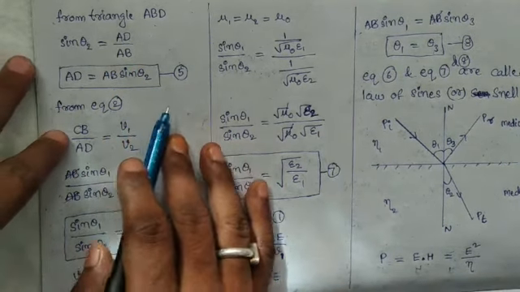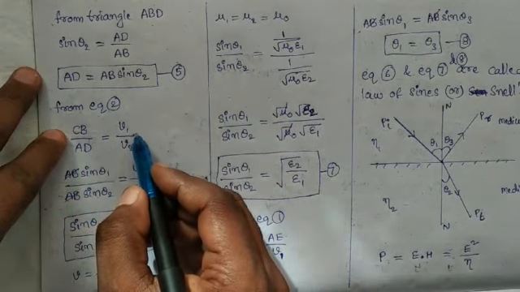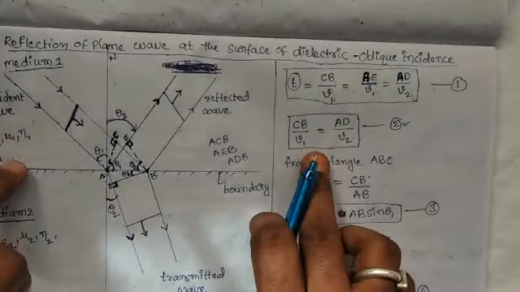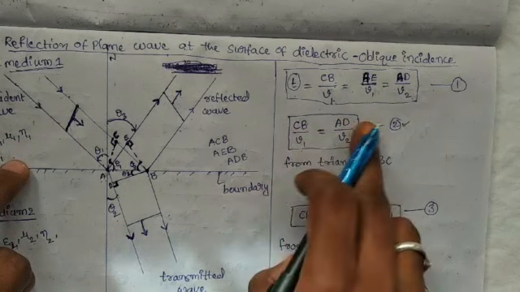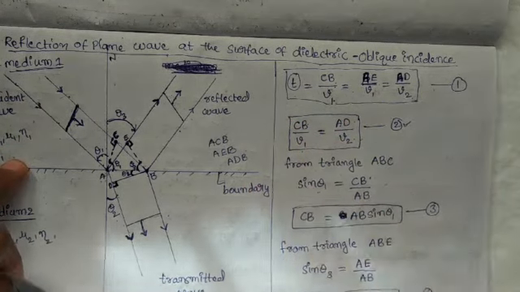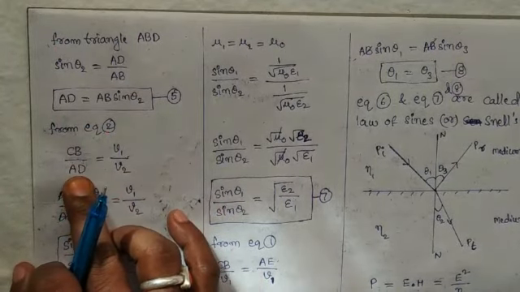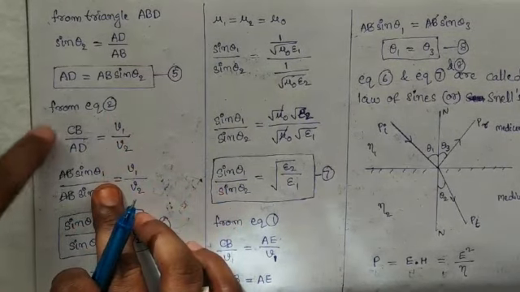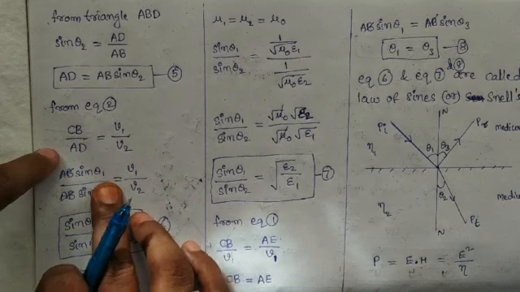From equation 2, CB by AD is equal to v1 by v2. This is our equation 2. Cross multiplication we are taking: CB by AD is equal to v1 by v2. We have already calculated the CB and AD values.